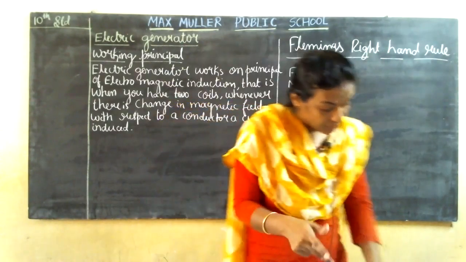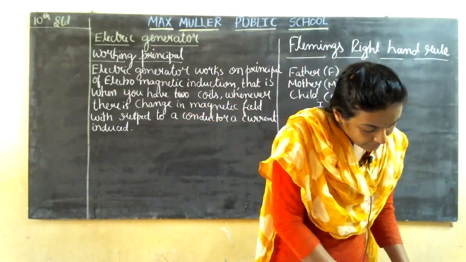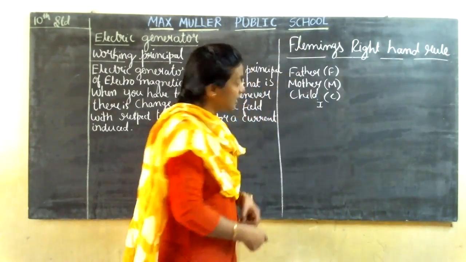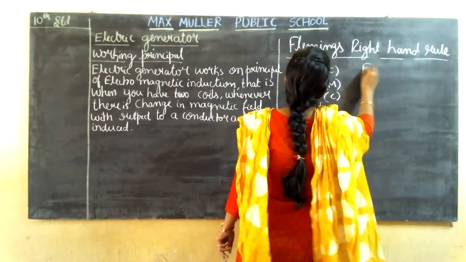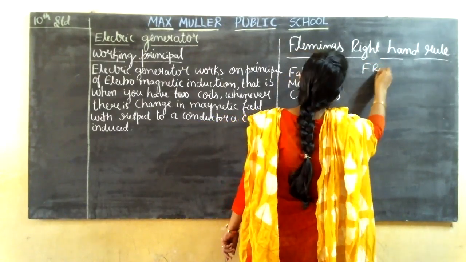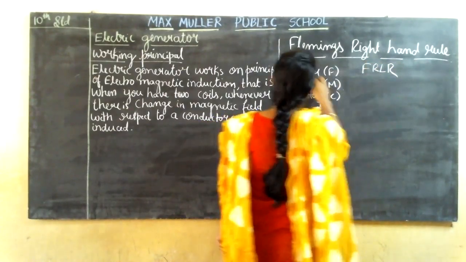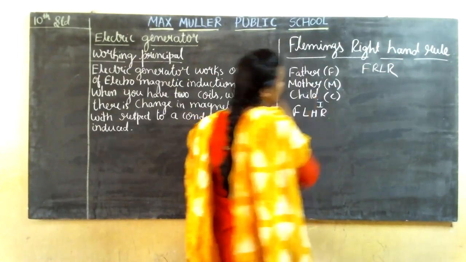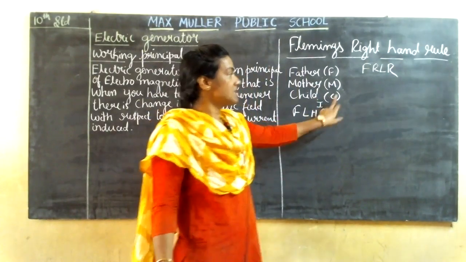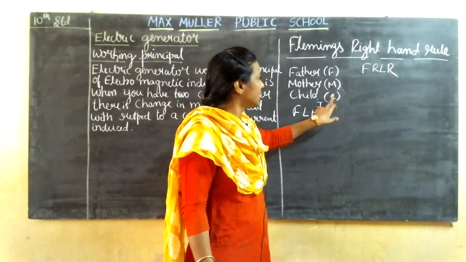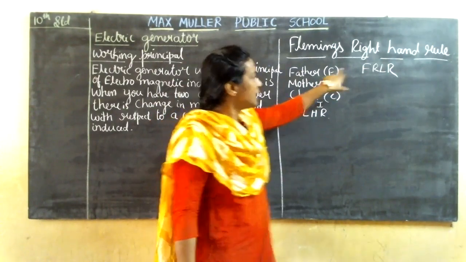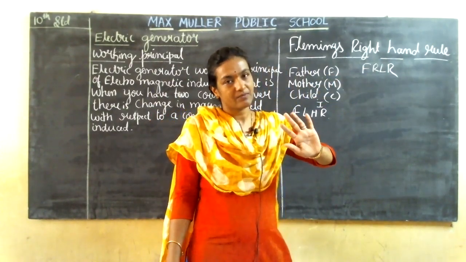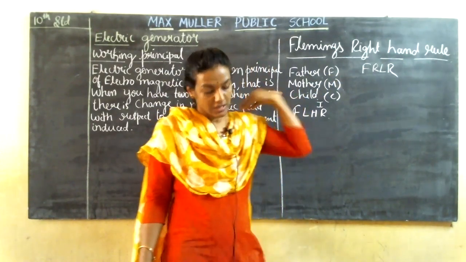This is Fleming's right hand rule. This is Fleming's left hand rule. Here our objective is finding the force. Here our objective is finding the induced current. That's it. Okay, understood?